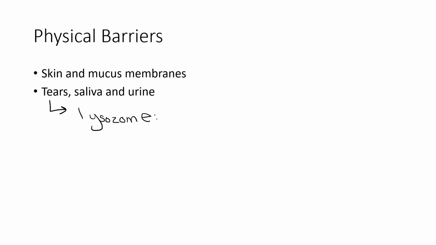They are made in all types of secretion, such as the ones mentioned above, so tears, saliva, and urine. This is also found on your skin in some capacity, just to fight off that bacteria. So make sure you know that we are specifically talking about bacteria.